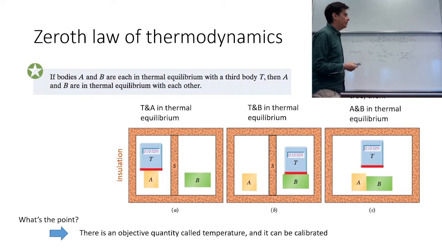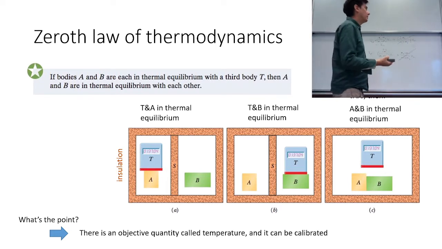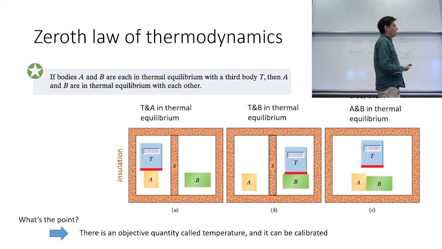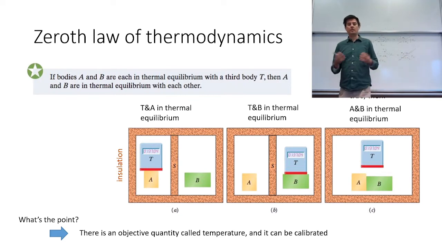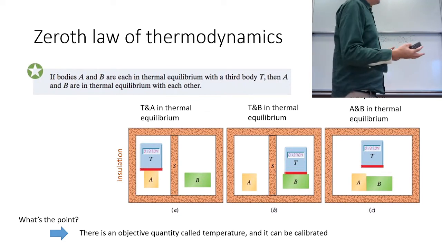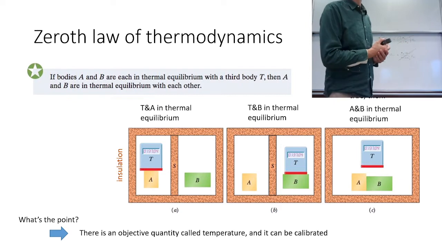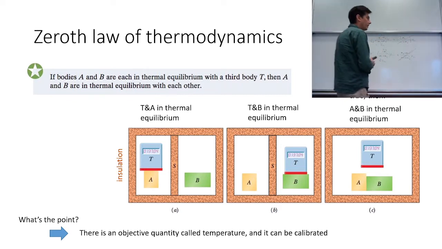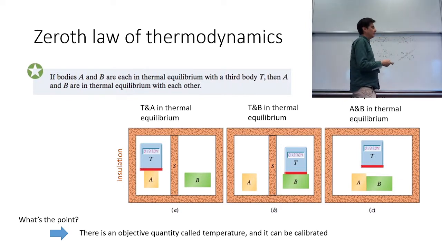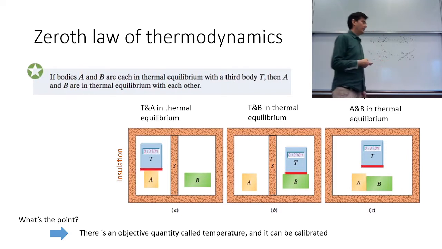Then the Zeroth Law of Thermodynamics states that this implies that A and B are also in thermal equilibrium with each other. So there will be no energy flow between A and B so long as they're at the same temperature.